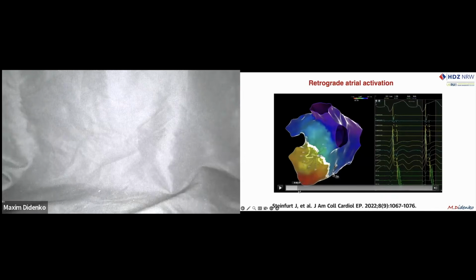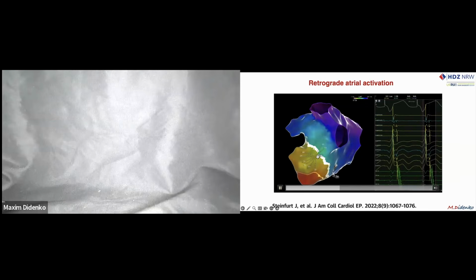This is a nice multipolar, pretty dense mapping of the accessory pathway with retrograde activation. What we can see here during the activation is that we can even see the activation of the accessory pathway in this electrogram, located here, and then it goes to the atrium and we have atrial activation.